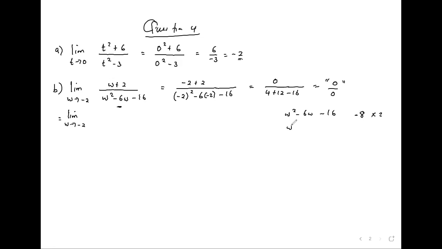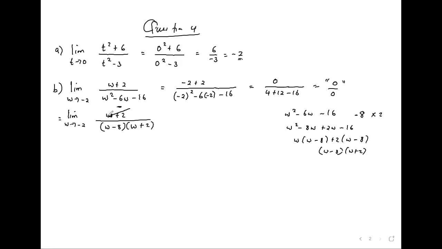So you have w squared minus 8w plus 2w minus 16. Then you have w(w minus 8) plus 2(w minus 8). So (w minus 8)(w plus 2). So you come here and say (w plus 2) over, this is now a product, (w minus 8)(w plus 2).